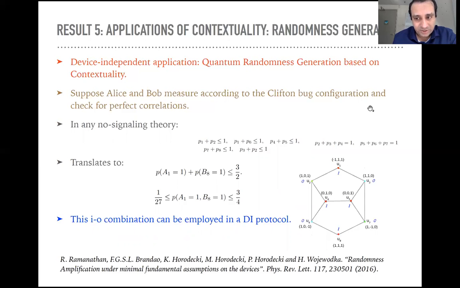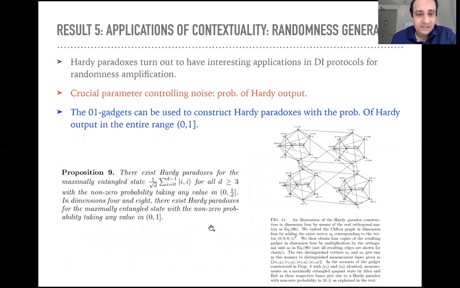Nevertheless, I want to state that these gadgets, through a connection to what are called Hardy paradoxes in non-locality, allow us to simplify the proofs of many device-independent protocols on randomness amplification, in particular this paper from PRL in 2016. So there are a number of constructions of such 0-1 gadgets that allow us to simplify these proofs.